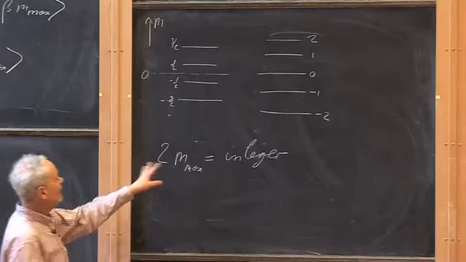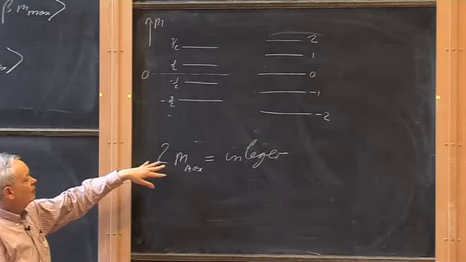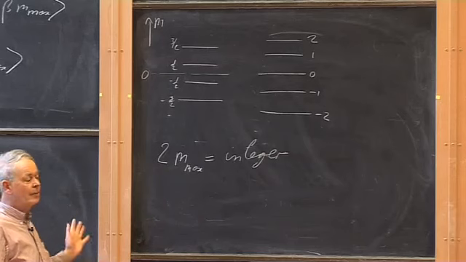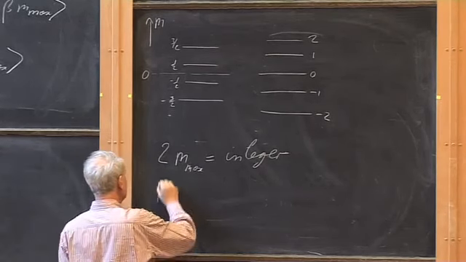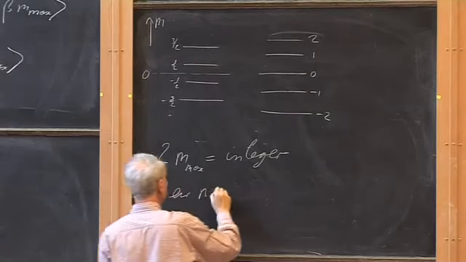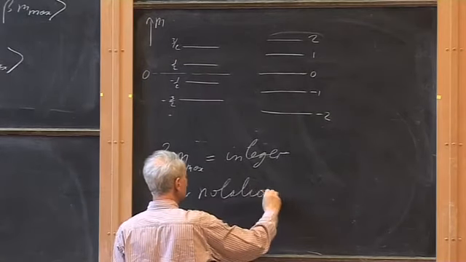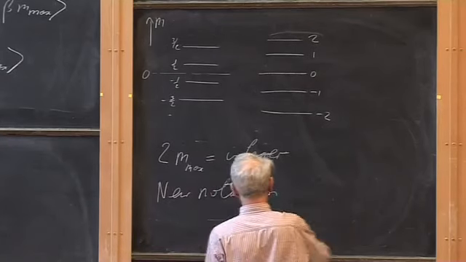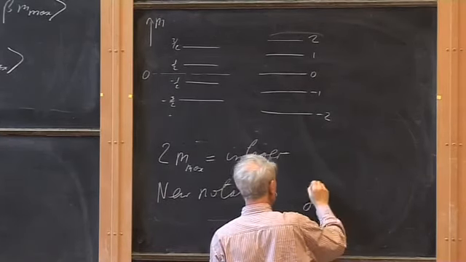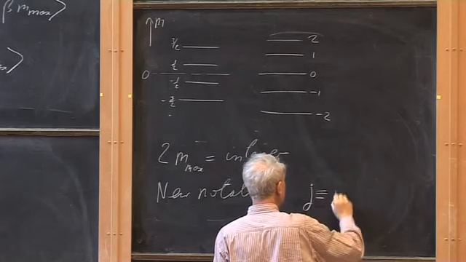Now, we could carry on talking about beta and m max, but it's extremely boring and nobody does that. What they do is they use a new notation. They say that what the new notation is that j is what you mean by m max.